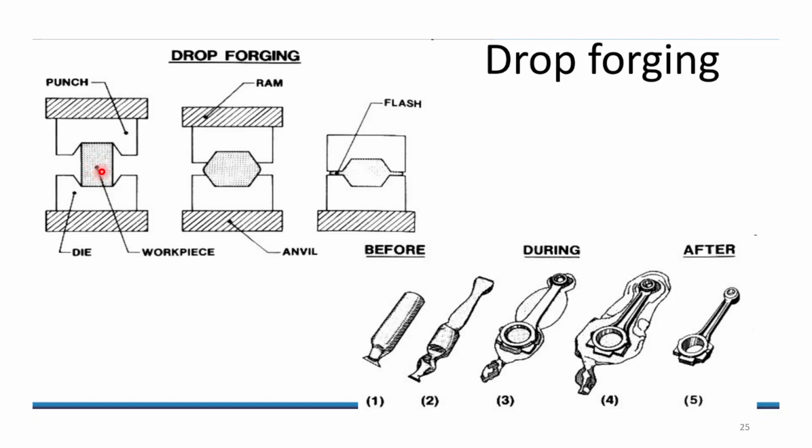You have the workpiece, then with the help of hammering you get the final shape, and this flash will be discarded afterwards. This is before, during and after drop forging. So this crankshaft and these various parts of automobiles can be formed using forging.